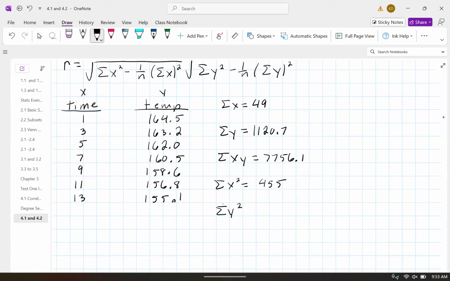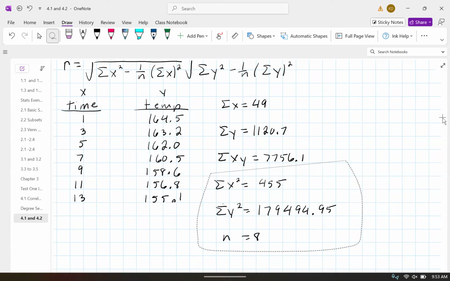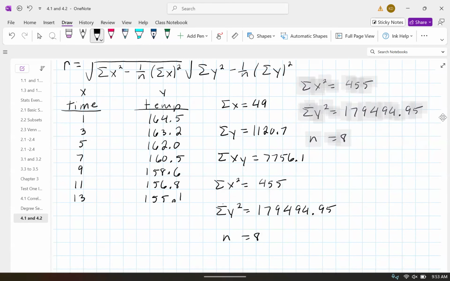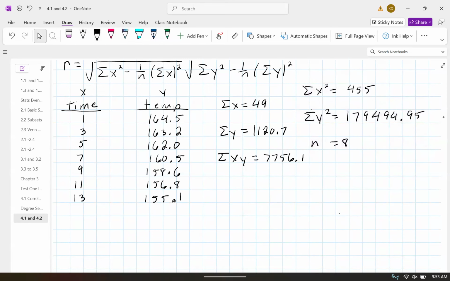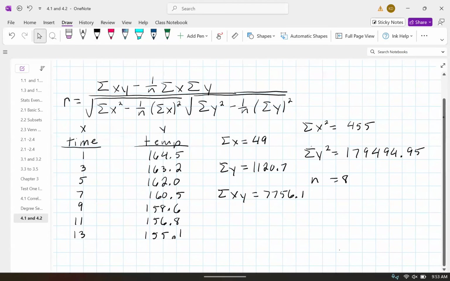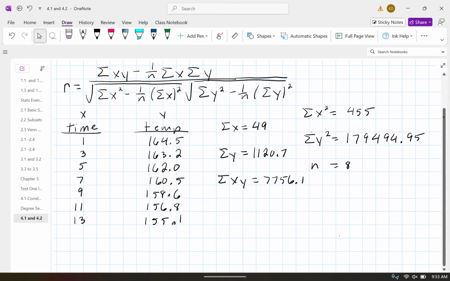And my y squares, 179,494.95. And my data values are 8 of them. We're going to use all of these numbers again for the next piece for 4.2. So we're good.